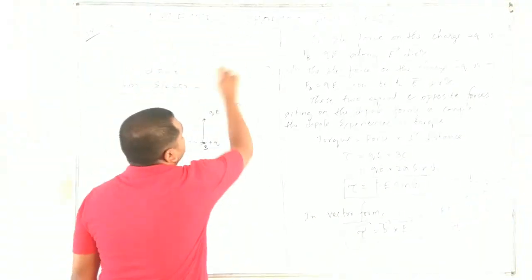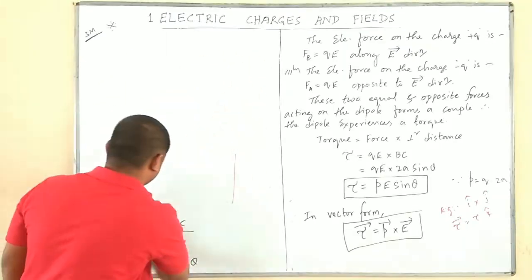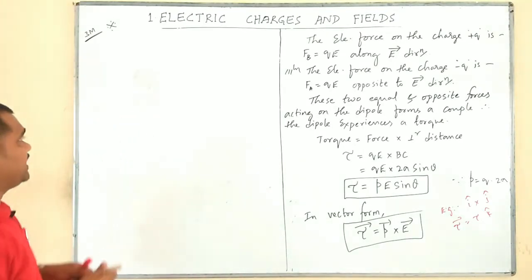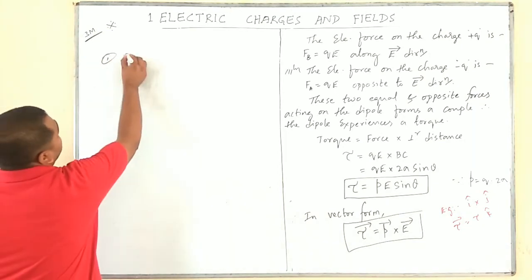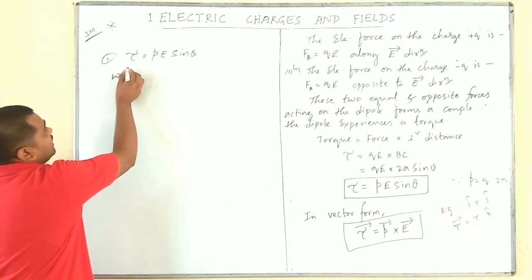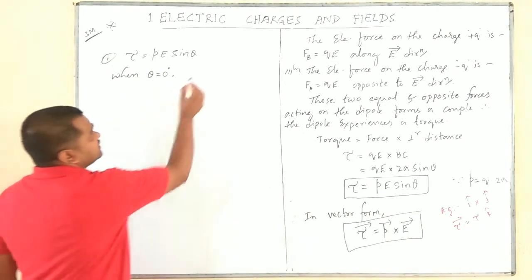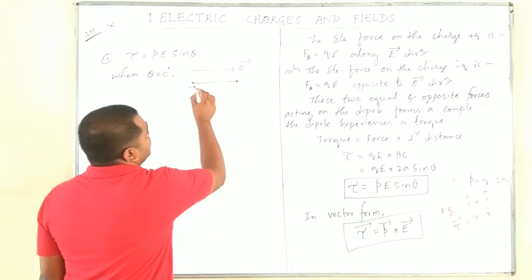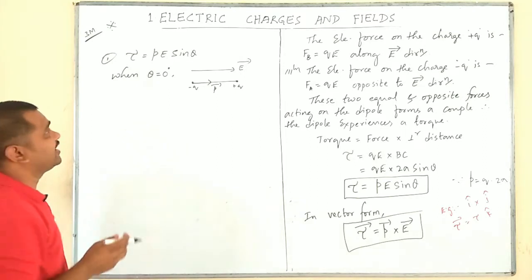Now I will tell you special cases where this torque is minimum and maximum. We got tau equal to PE sin theta. When theta is equal to 0 degrees, that is, if the electric field is like this and the electric dipole moment is also along the same direction, then there will be no turning effect.